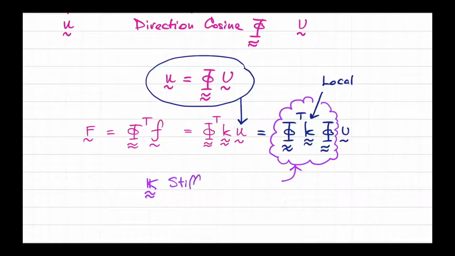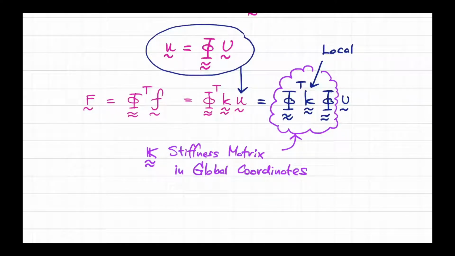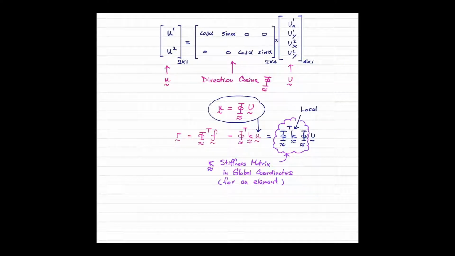Stiffness matrix in global coordinates. Okay, this is just the element. Okay, this is not yet the system. Well, we will put together the elemental stiffness matrix later into the system of the structure. Okay.